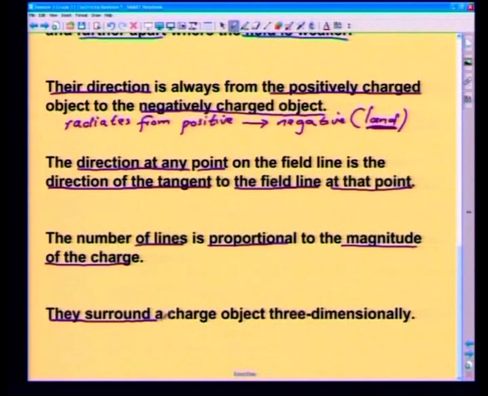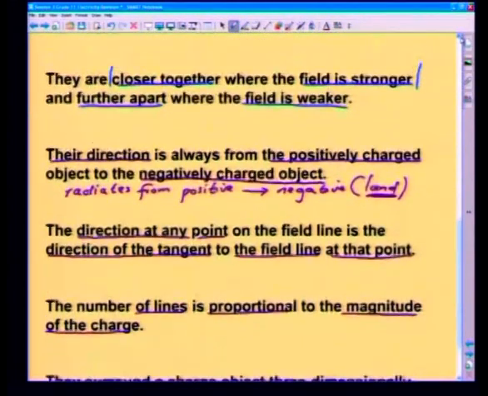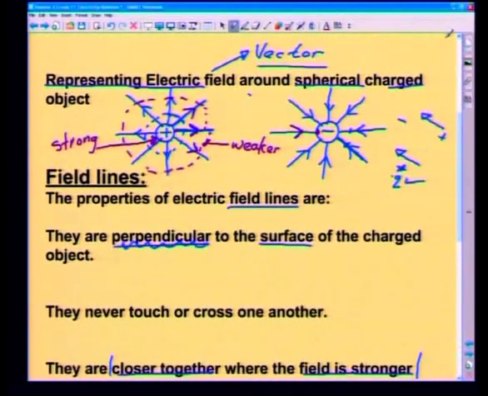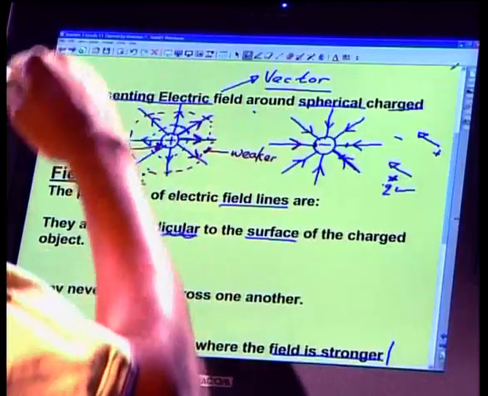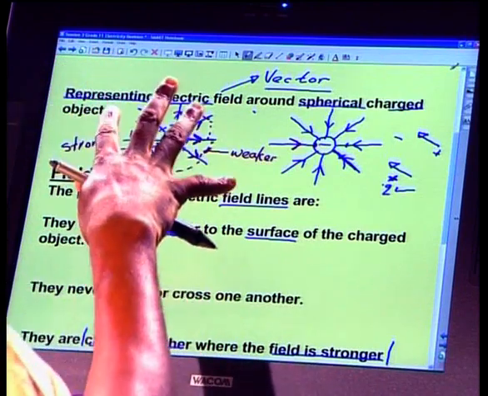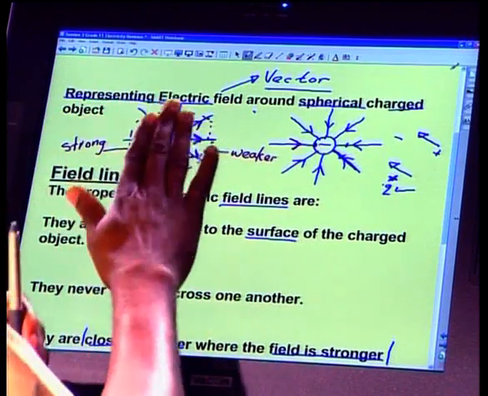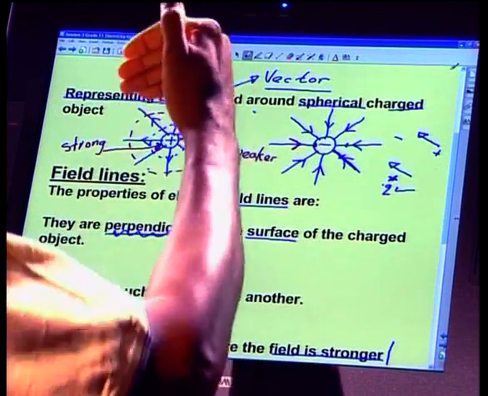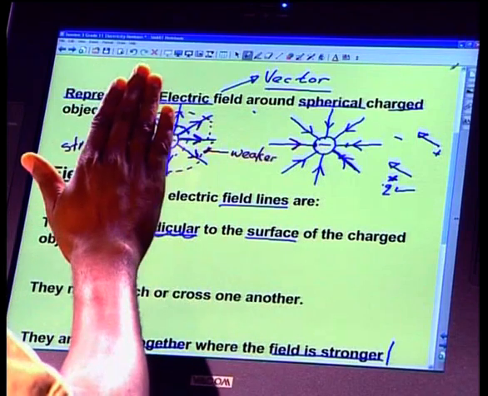These field lines surround a charged object three-dimensionally. This is very important. In other words, they radiate, these field lines are engulfing this charged object. You have got your X, your Y, and your Z. It's three-dimensional. So it's not like it's on that plane where you can only feel it from there, up there, and down here, but you can't feel it from this part.